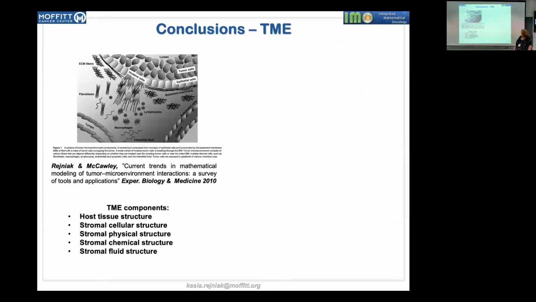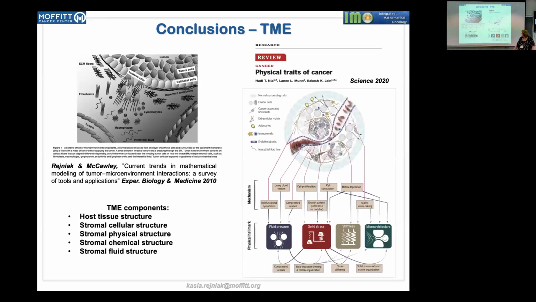So I told you about the tumor microenvironment. I show you the picture of what we think are the elements. The color one was made for the presentation. This is the original picture in our review. And I'm happy that we are not the only ones who think like that about the microenvironment, because there was a recent review from the Rakesh Jain group. Rakesh Jain is like the father of bioengineering in cancer.